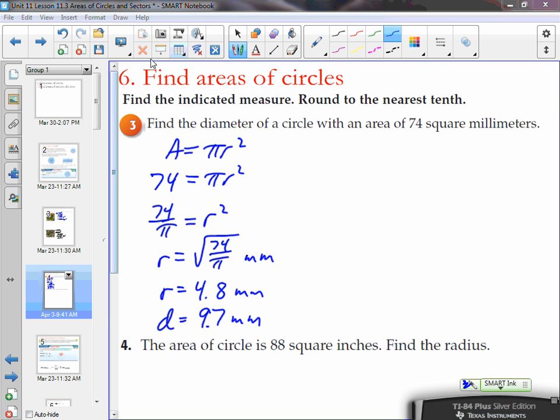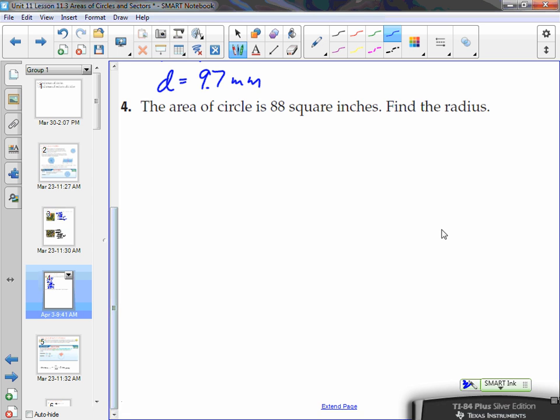Number 4. The area of a circle is 88 square inches. Find the radius. Go.